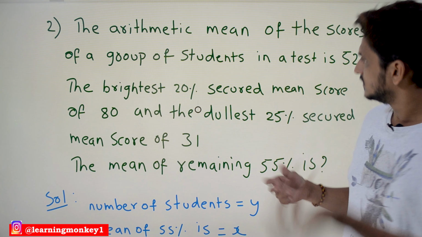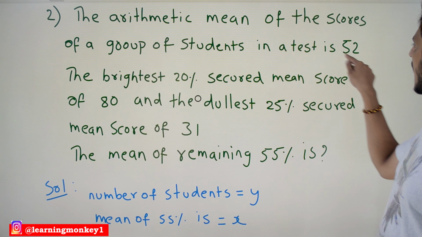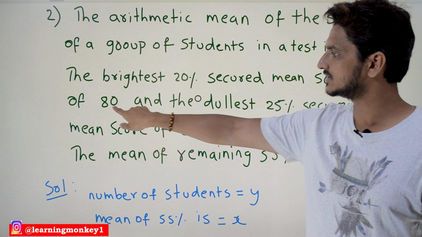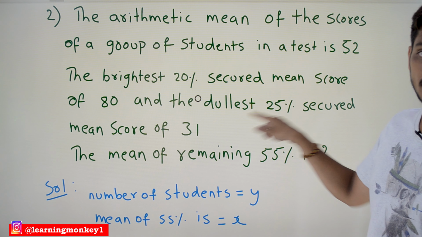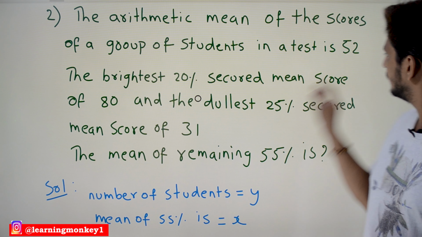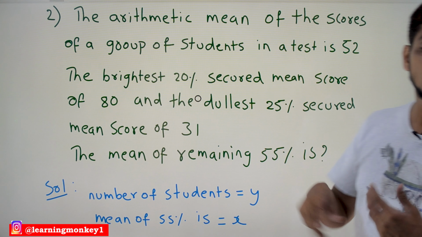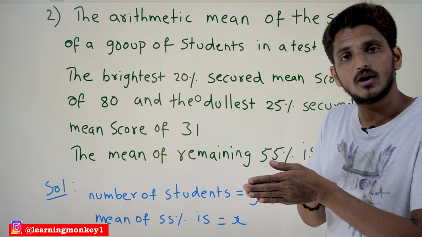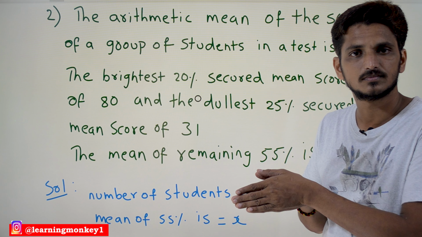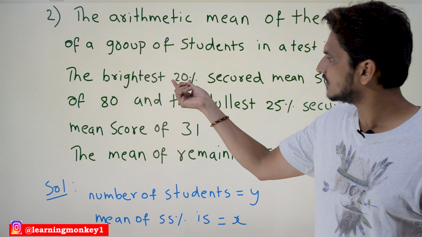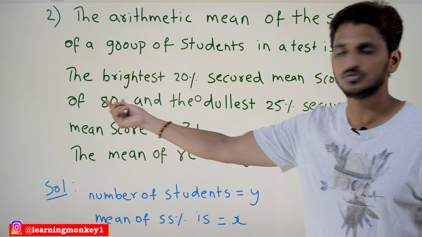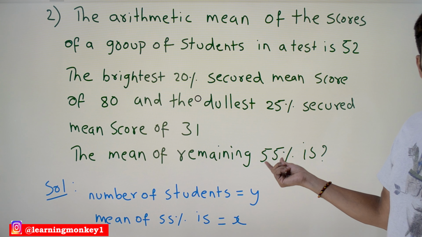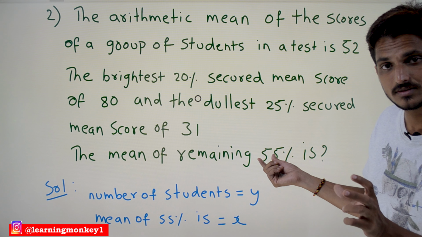Here, see, the same concept. Average of all the students is given, 20% students' average is given, 25% students' average is given. Similarly, if the mean value is provided, you can identify the summation of all the scores of all the students. Similarly, the summation of all the scores of bright students, the summation of all the scores of dullest students, and the summation of all the scores of the middle 55%.